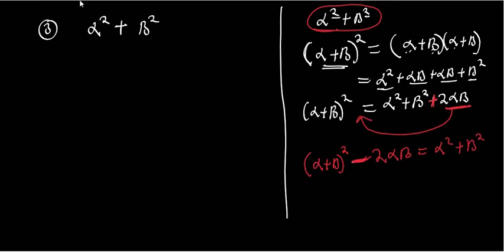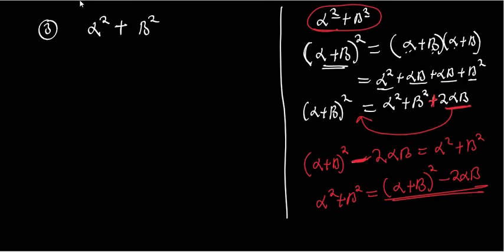So when you see alpha squared plus beta squared, this is just the same as alpha plus beta squared minus 2 alpha beta, like that. That's what it means there.